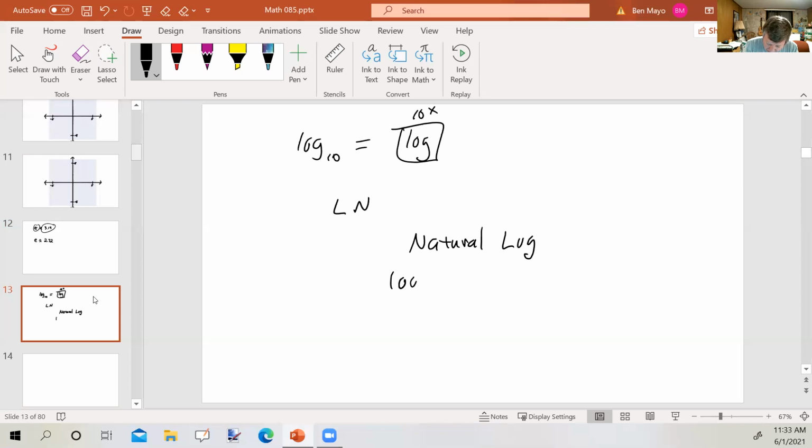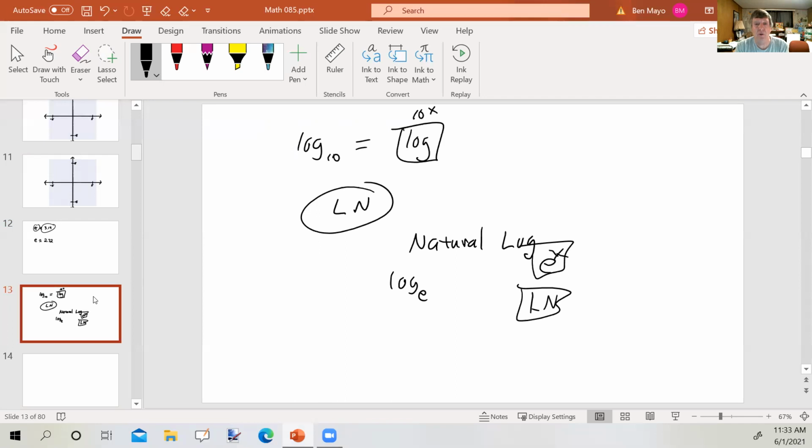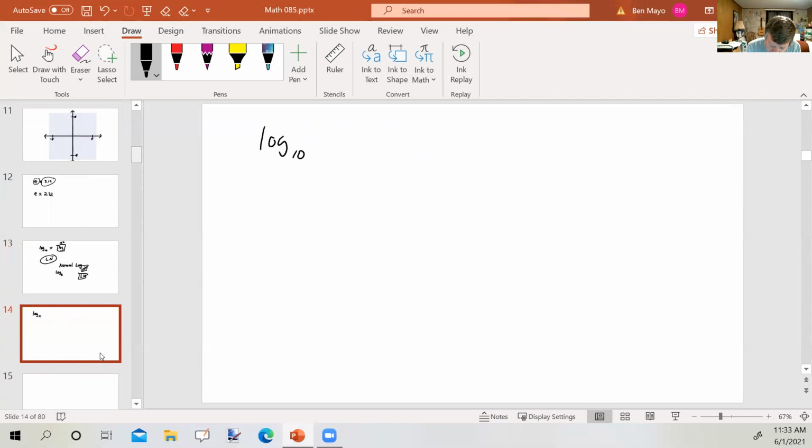Natural log is log base E. Base E is also used quite frequently, but since we've already got common log or log used up, they use the notation ln for natural log, which means log base E. On your calculator, the second function key of ln is e to the x, which will also help you to remember that log is log base 10 and ln is log base E. So again, log or log base 10, the shortcut notation is log, and log base E, the shortcut notation is ln. All right.